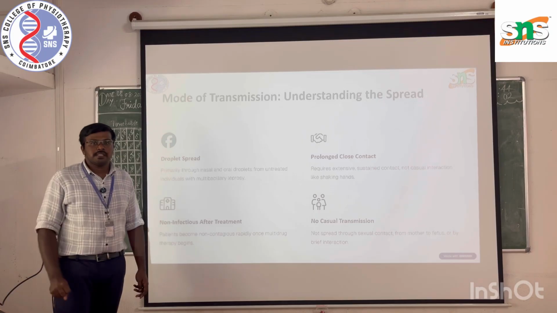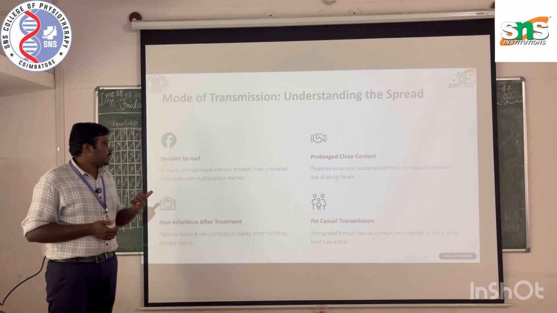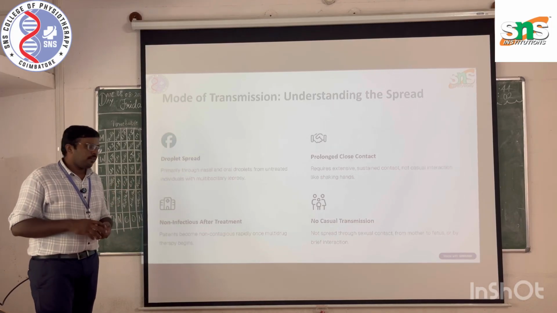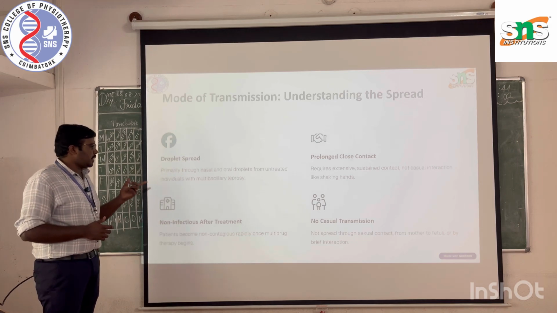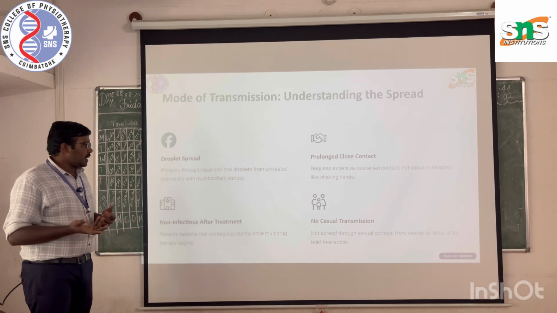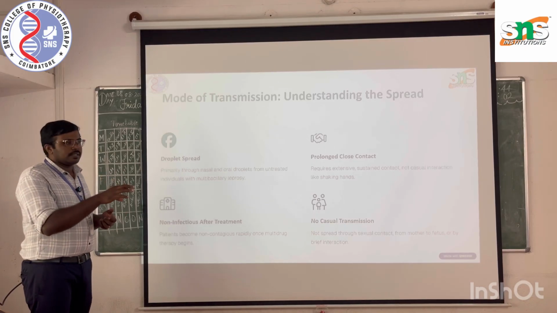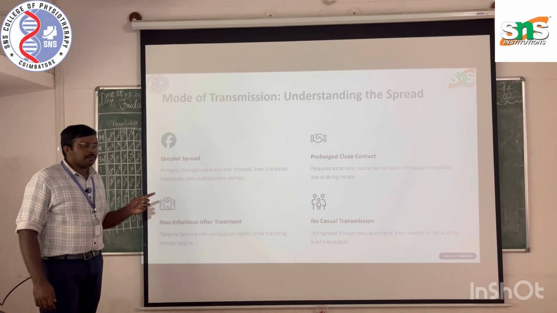Mode of transmission: leprosy mainly spreads by droplets and prolonged close contact, it is non-infectious after treatment, and there is no casual transmission. Droplets spread through nasal or oral droplets from untreated leprosy patients, like multibacillary leprosy.